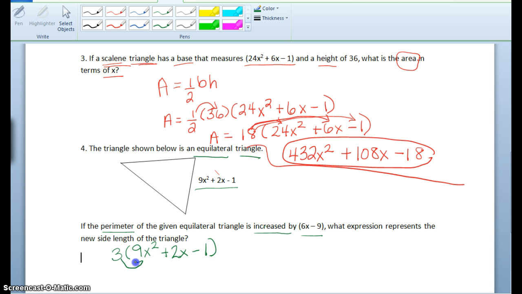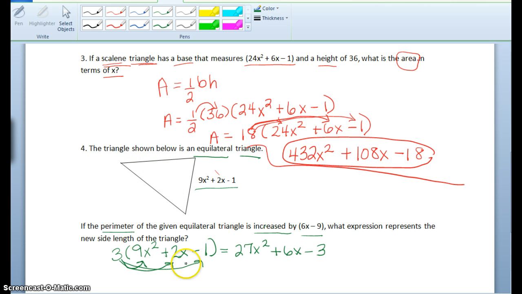So we have 3 times 9x squared, which gives you 27x squared. 3 times 2, which gives you positive 6x. 3 times negative 1, which gives you negative 3. So what you've just done is you have found the perimeter of this equilateral triangle.